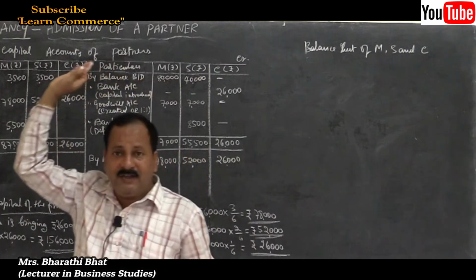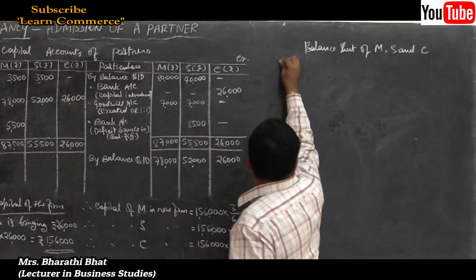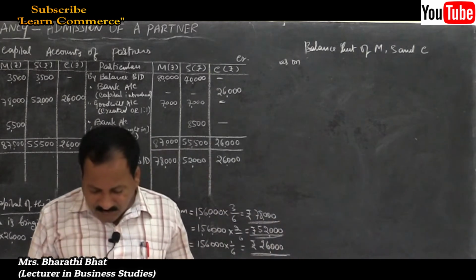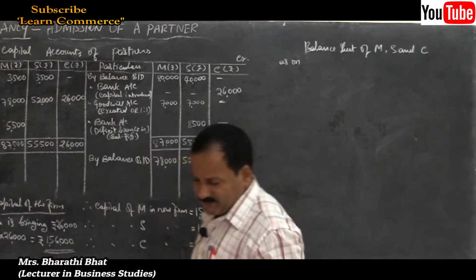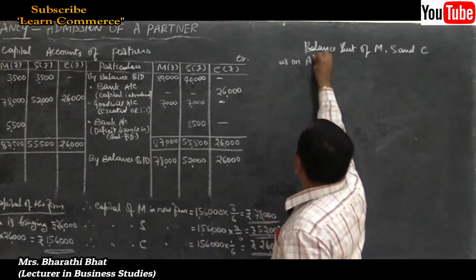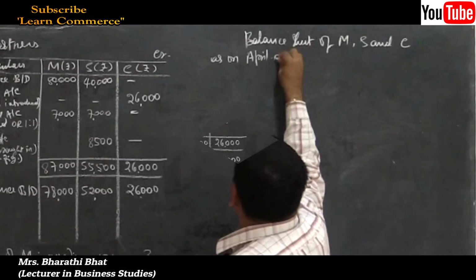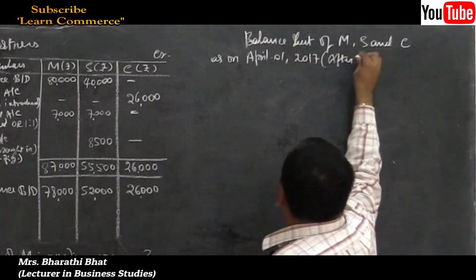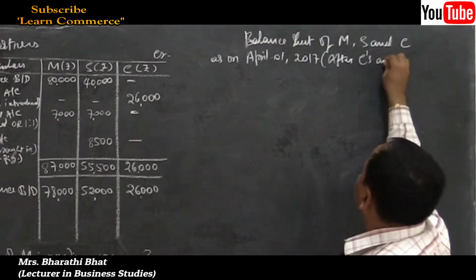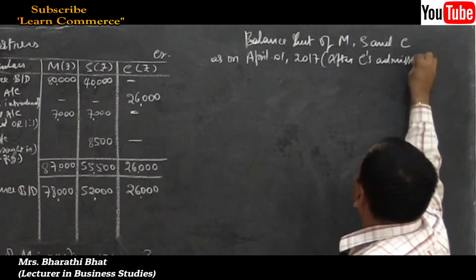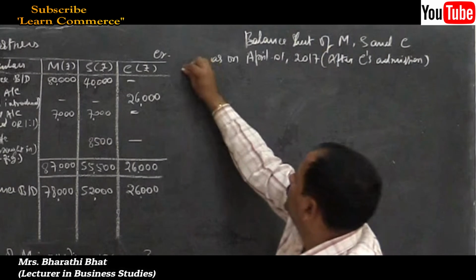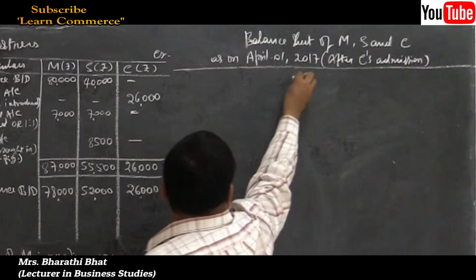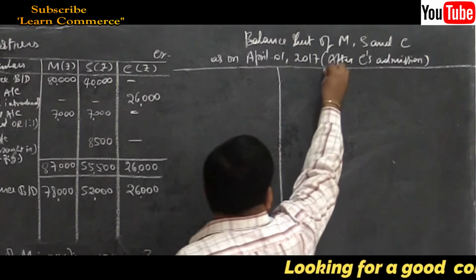Write the full names of the partners, as on 1st April 2017, after Chandra's admission. That's all. Draw the columns. Liabilities, amount in rupees. Assets, amount in rupees.